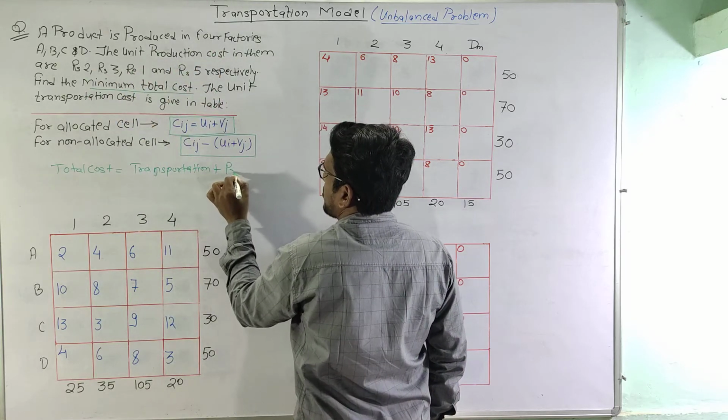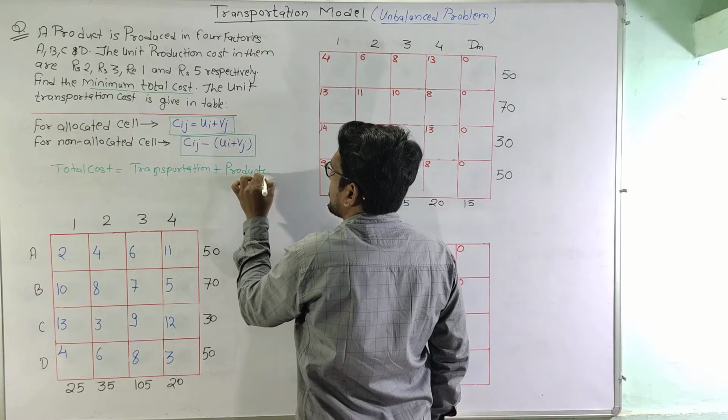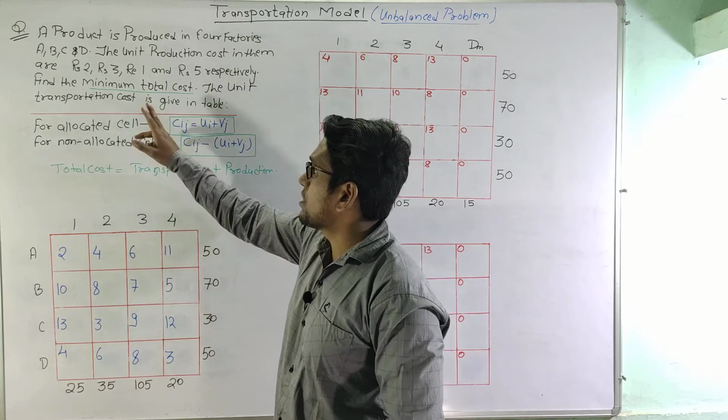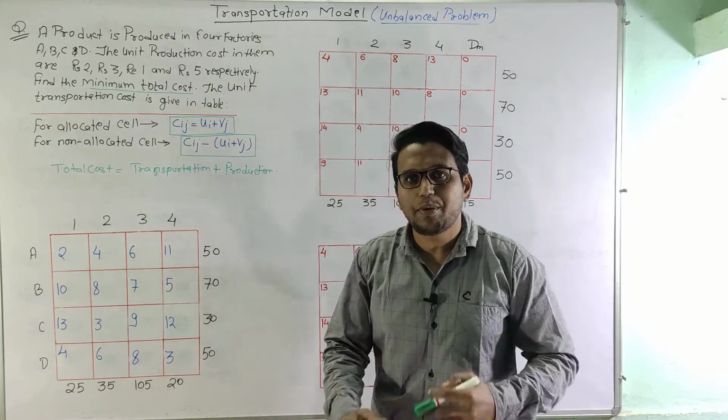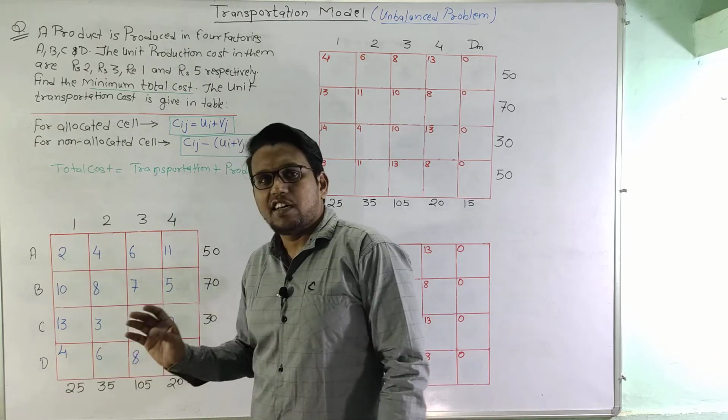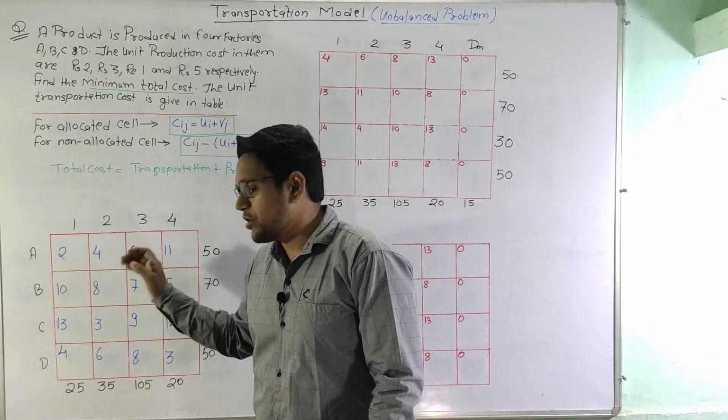So what we have been asked is to minimize the total cost. So first of all we need to prepare a matrix where we have total cost rather than only transportation cost.